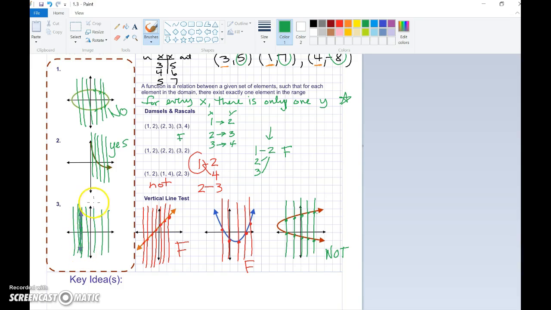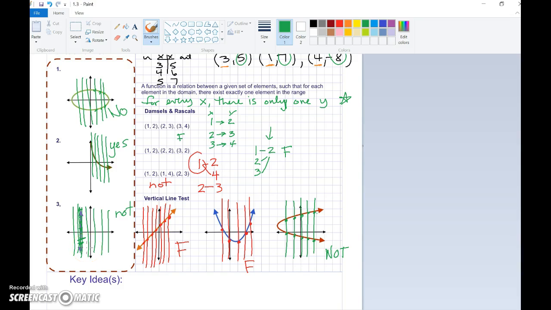Let's say that this is at x equals 2. When x is 2, y can be here, here, here, down here. So this is not a function because basically this 2 has every boyfriend in the world possible. So this vertical line is not a function.